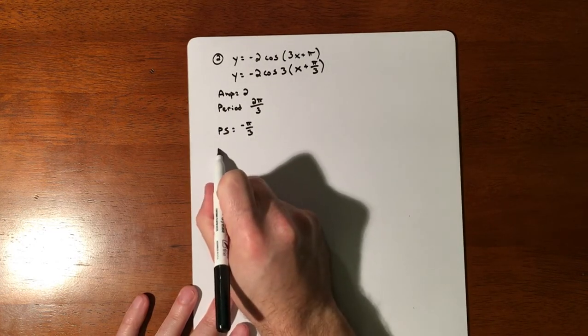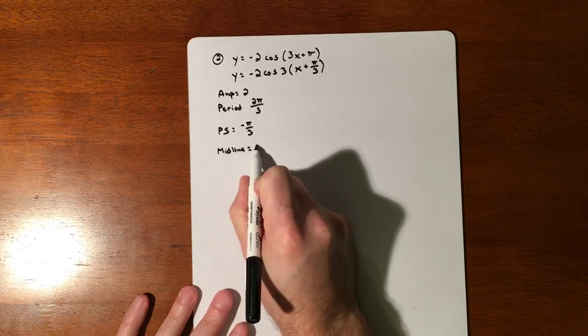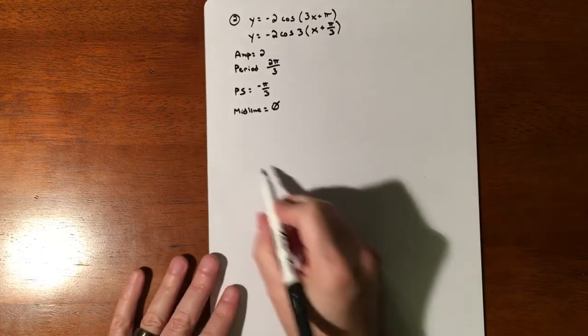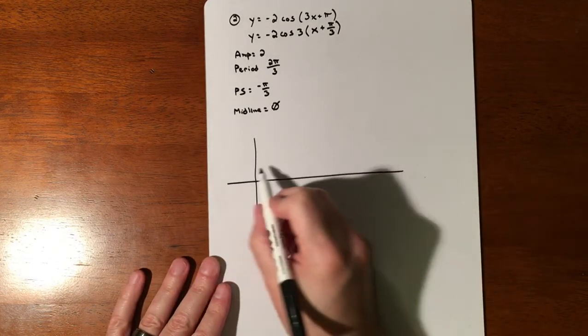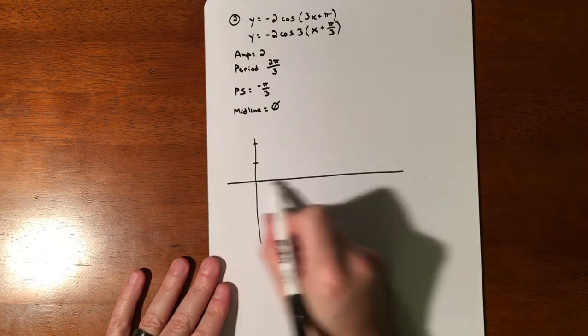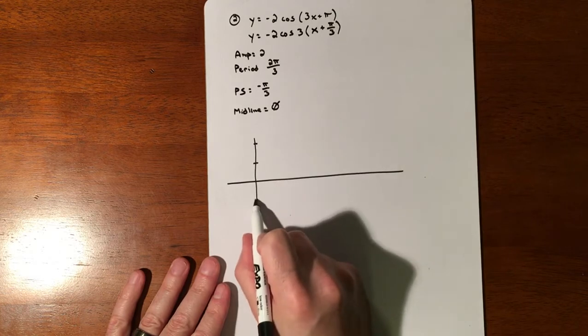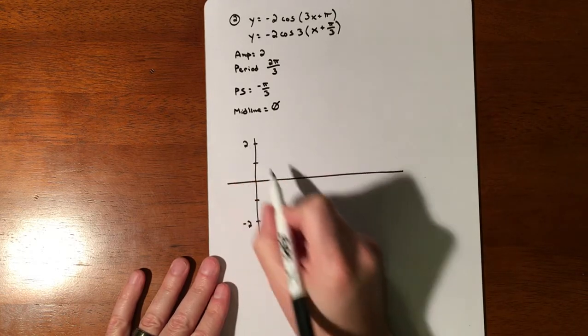And your midline, again, nothing is happening with the midline. Okay, so for our graph, our midline didn't change, so we're all focused around this. We're going to go up 2, and we're going to go down 2. So we're going to range between -2 and +2.